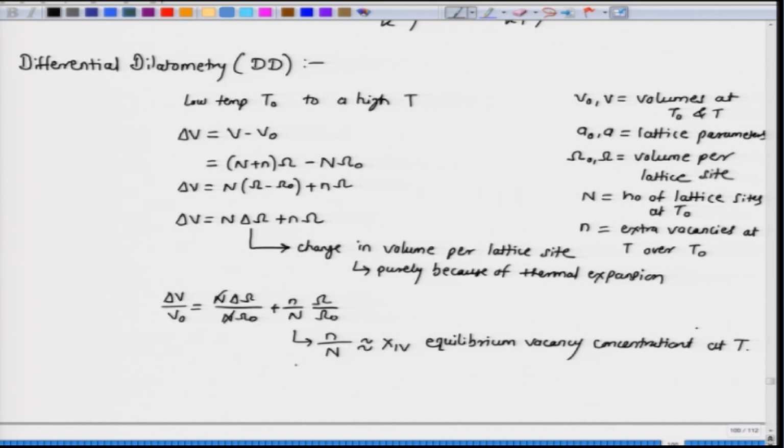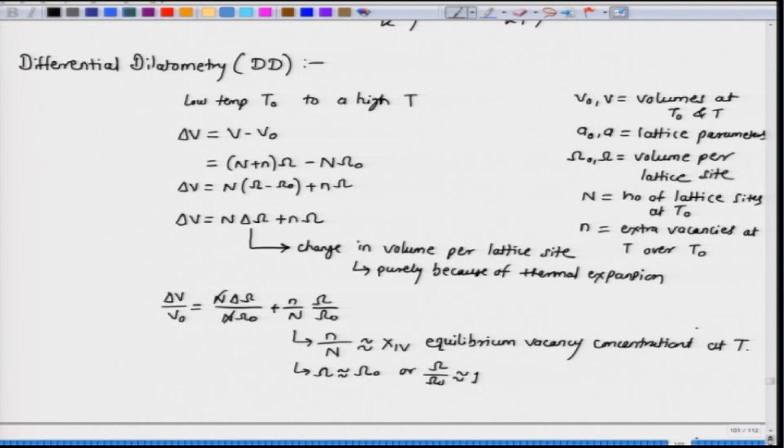And also the change in volume per lattice site is also not significant. So, omega is approximately equal to omega 0, or omega over omega 0 is approximately equal to 1.